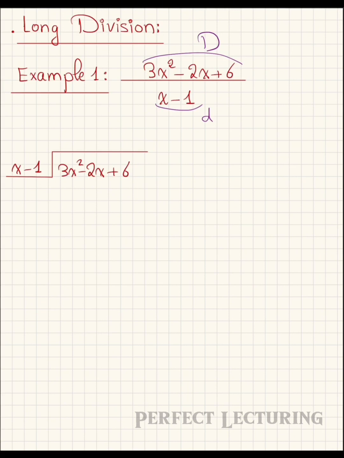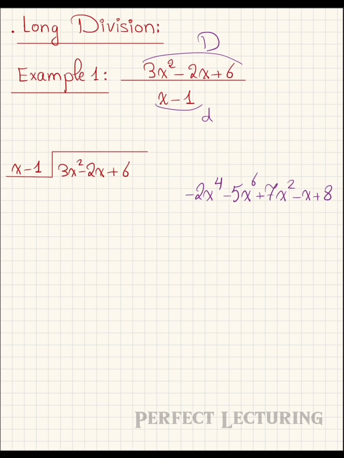And by the way, there is a very important thing before I continue with this example. I must make sure that the terms in the polynomial are arranged in descending order of exponents. Let me give you an example to make it more clear. Let's say in a different question we have something like negative 2x to the power of 4 minus 5x to the power of 6 plus 7x squared minus x plus 8. I cannot place the polynomial like this.